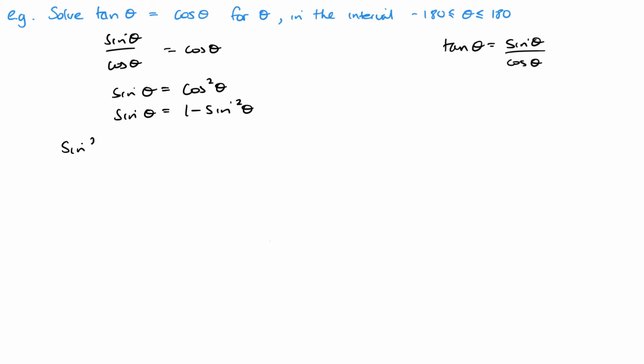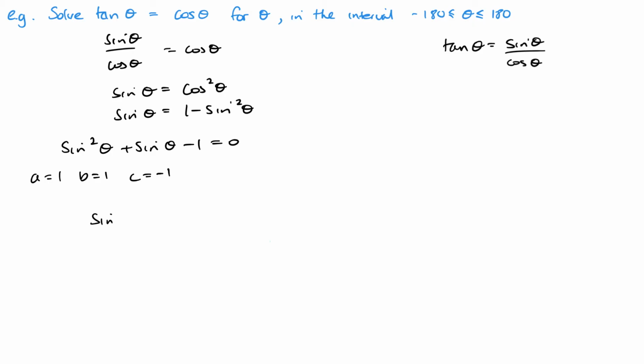So sine squared theta plus sine theta minus 1 equals 0. Now, it's quite easy to see that this one is not going to be possible to factorize. So we're going to use the quadratic formula. So your values are a is 1, b is 1, and c is negative 1.